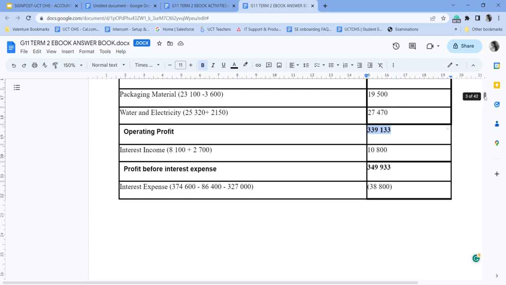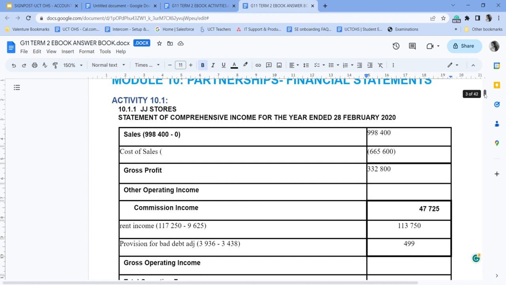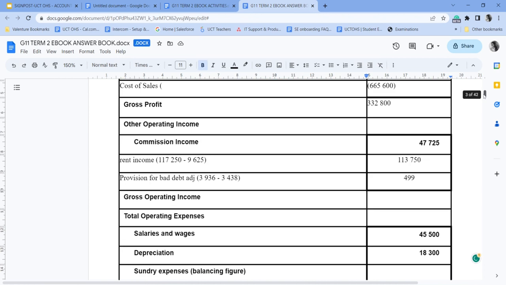Okay, so it means we are continuing with our working backward thing. For us to continue, we had to calculate our other operating income here. So other operating income, we added all the incomes that we got, 47,725, 113,750 plus 499, and we got 161,974.